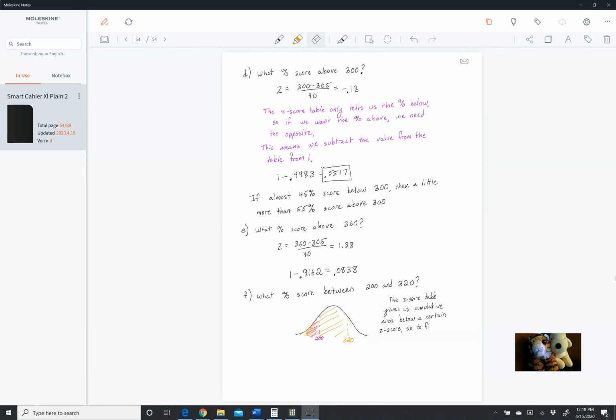So to find the area between two z-scores, subtract the area below the lower z-score from the area below the higher z-score.